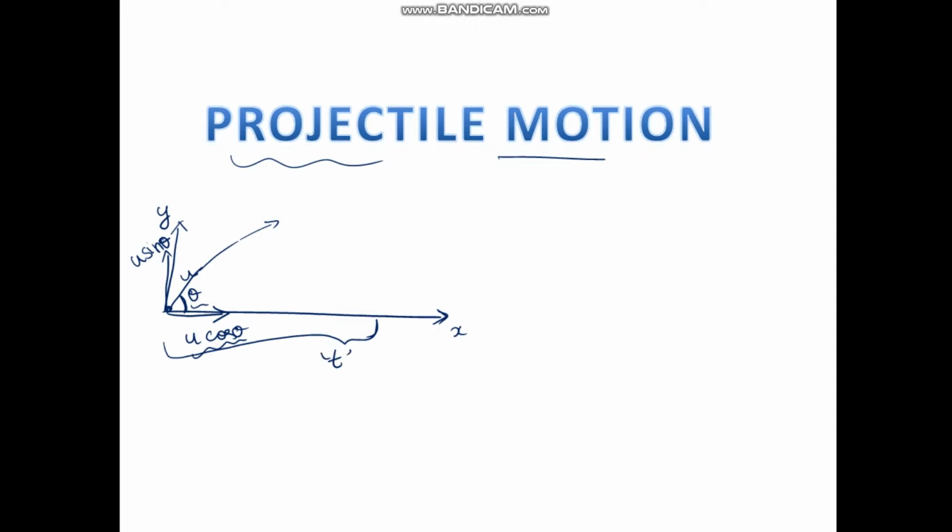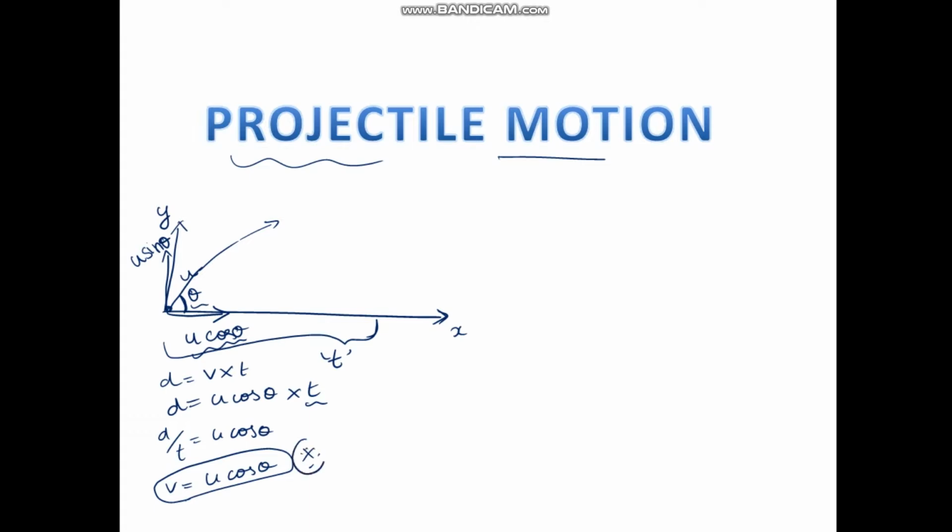They are asking what is the horizontal distance covered in time t, which is nothing but velocity into time, that is u cos theta into t. So d by t is equal to u cos theta, so v is equal to u cos theta. This is a formula you must remember. In the next video we will see its application.